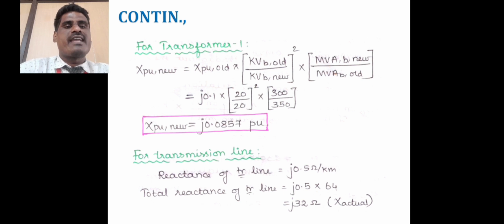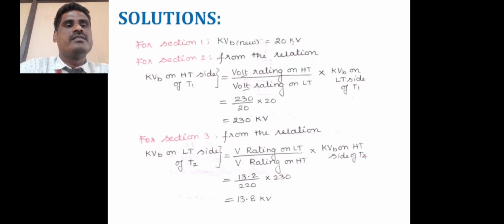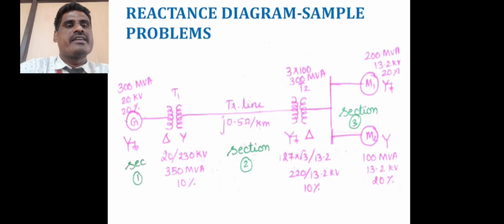So, next we can calculate for the transmission line. Actually, this is a very important one. In this case the reactance of the transmission line is 0.5 ohm per kilometer. In this diagram, in the middle of T1 and T2, the transmission line reactance value is 0.5 ohm per kilometer.